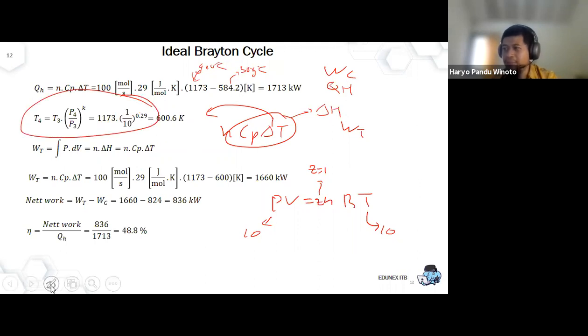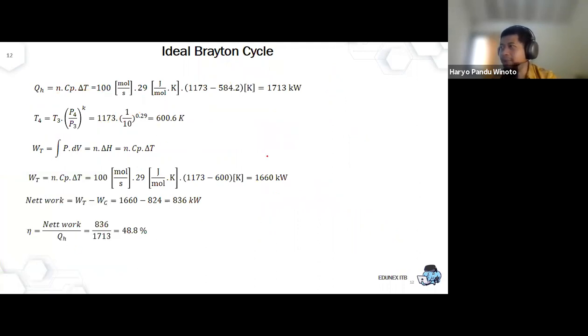please always remember, in the TS diagram, here we have T, we have S. First is compression, and then here, and then here. Here we have P1, P2.